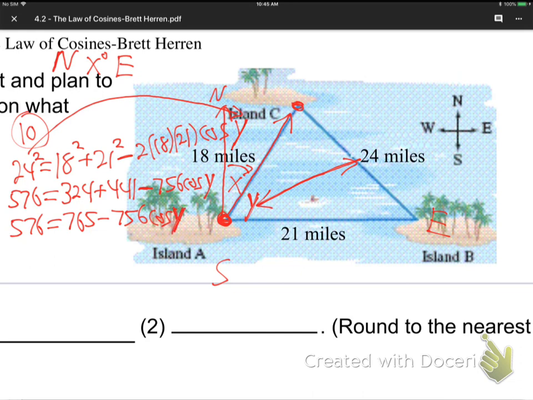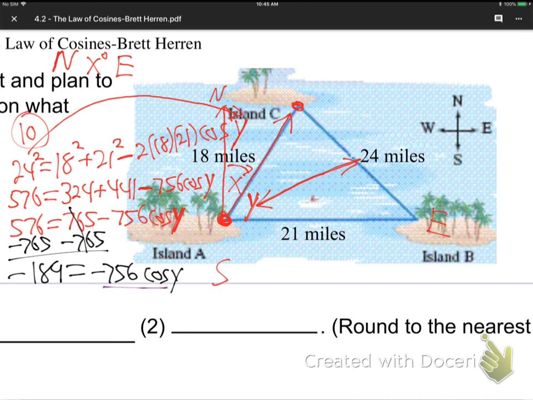And then subtract 765. I'm getting negative 189 is negative 756 cosine y. Second to last step, then you got to divide by the minus 756.